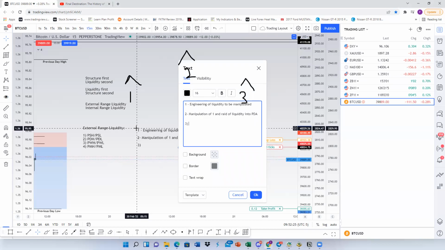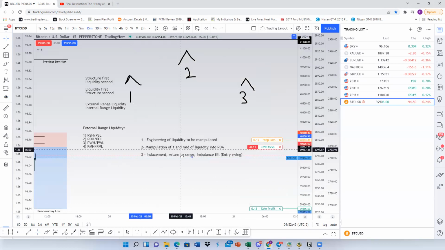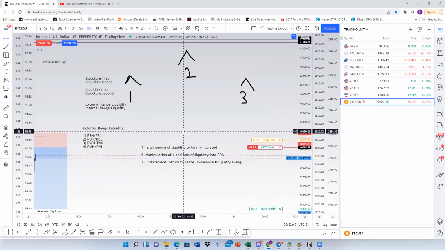Number 3 is where you look for what? Inducement, return to range, balance fill, basically your entry swing. This is as simple as I can put it.